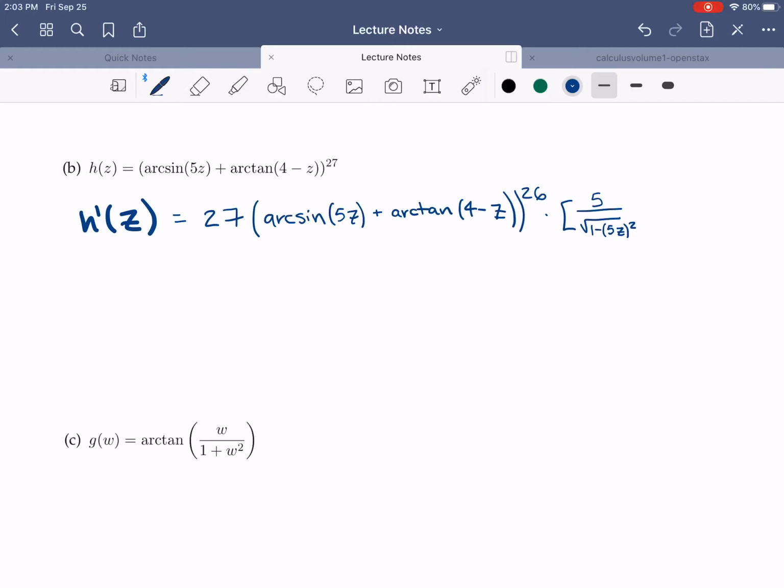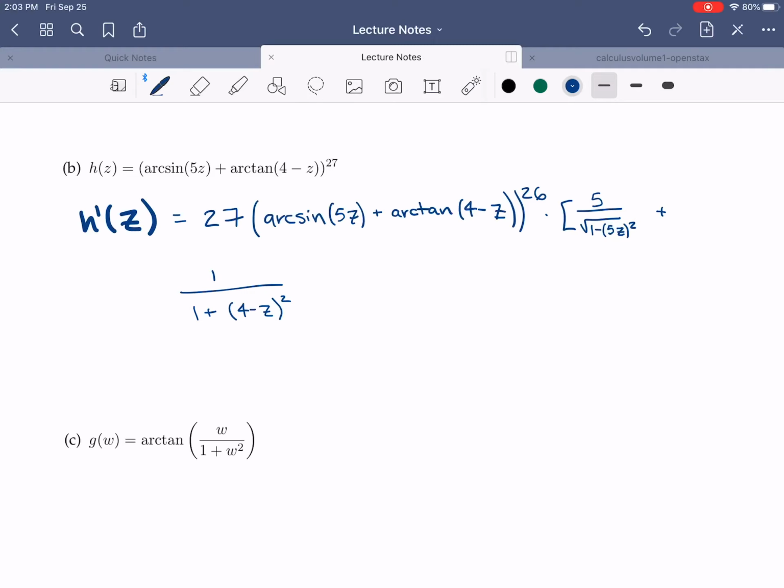And then we do plus, and I'm going to go on to the next line. We need the derivative of arctan of 4 minus z. So that will look like 1 over 1 plus x squared. In this case, the input here is 4 minus z squared.